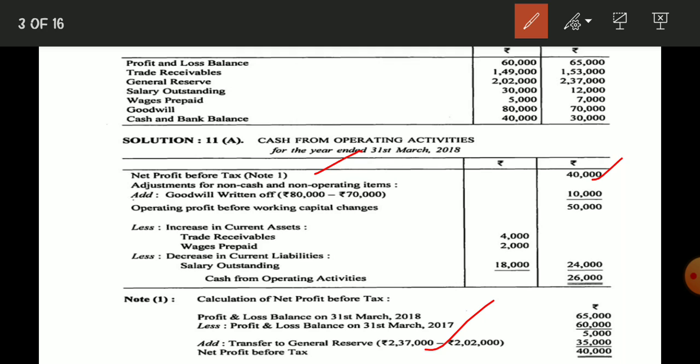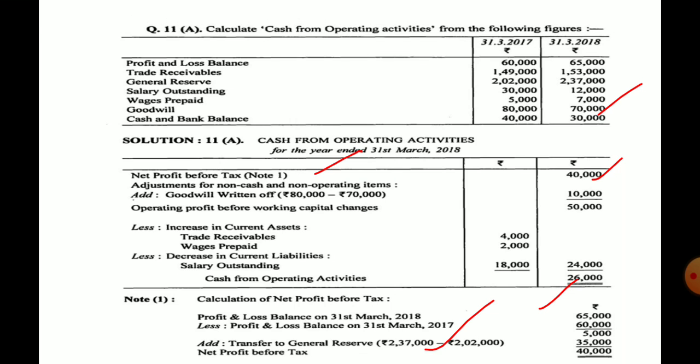In the previous year it is 5,000 and in the current year it is 7,000. So what will be the difference? 2,000. Now decrease in current liability, salary outstanding: in the current year it is 12,000 and in the previous year it is 30,000. So the difference between them is 18,000. Okay, so here you got your cash from operating activity, right?